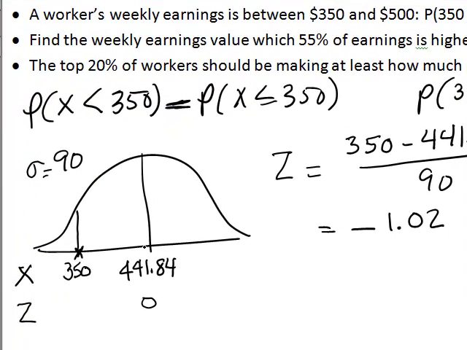That makes sense because the number is to the left of the mean, and because the mean on the z-axis is 0, any value to the left of the mean must be negative. We compute the z-value for 350 to be negative 1.02.